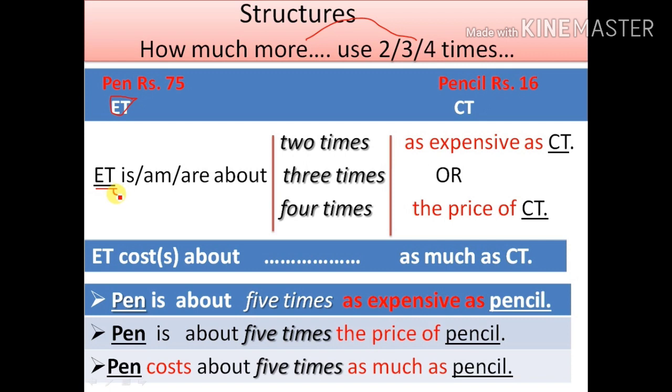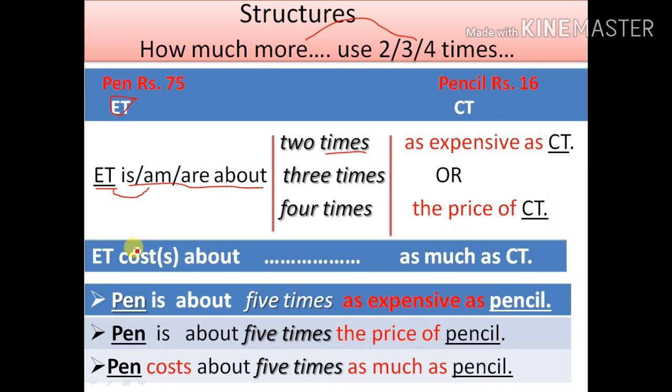According to subject, we have to use is, am, are, about, and then times. Remember, times. 2 times, 3 times, 4 times, 5 times, and so on. And then as expensive as cheap thing, or the price of cheap thing. You can use any.